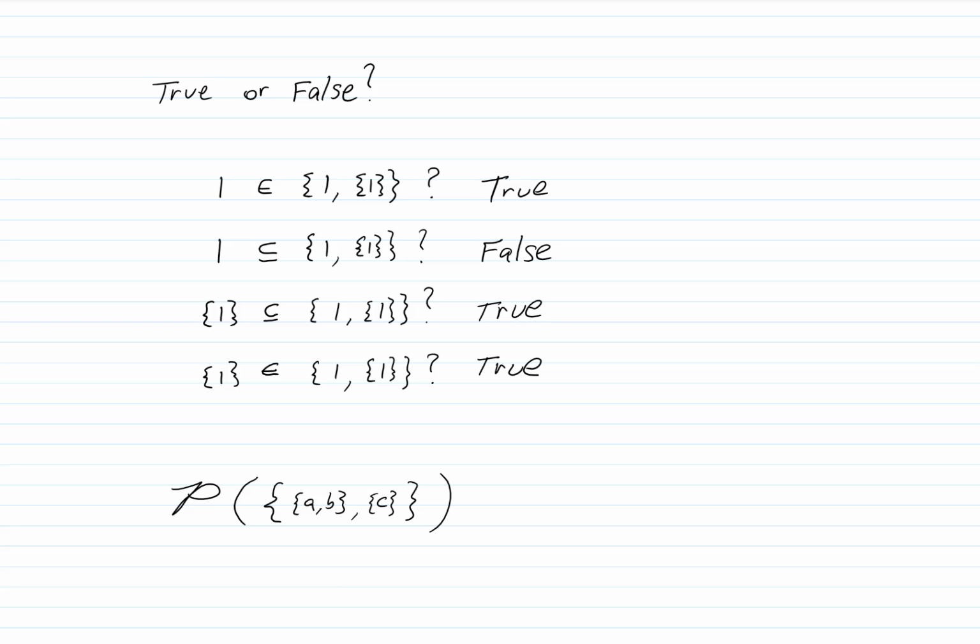How many elements are in that set? Not the power set. I'm just saying, look at this set right here. How many elements are in that set? You should be saying 2, not 3. See, there's one comma on that level. It's separating 2 elements.